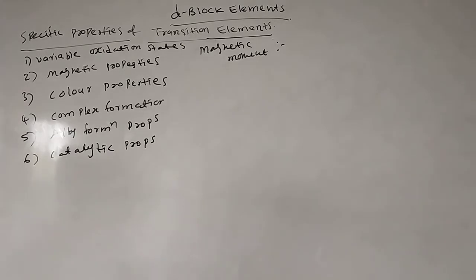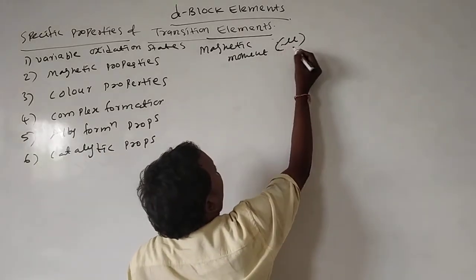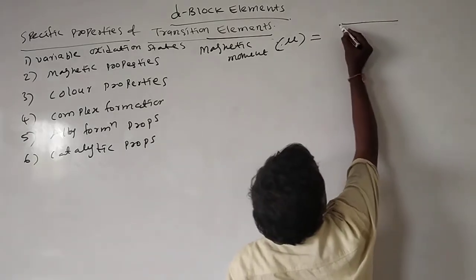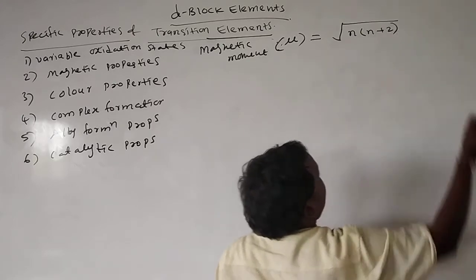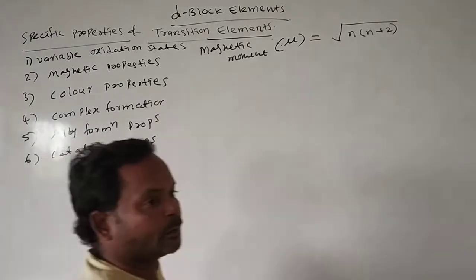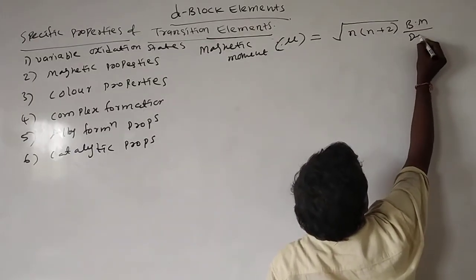Magnetic moment is indicated with mu. Mu is calculated by using this principle: square root of n into n plus 2, in Bohr magnetons.